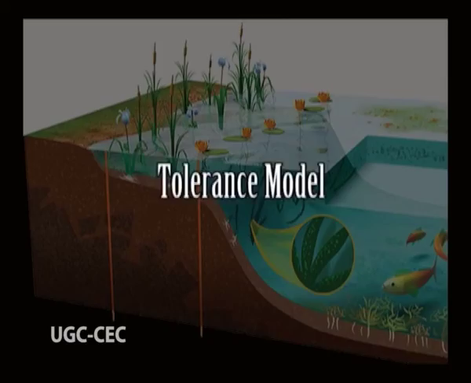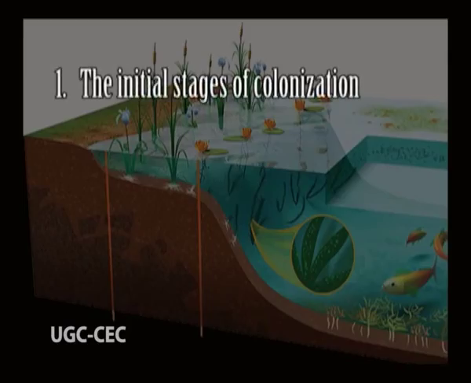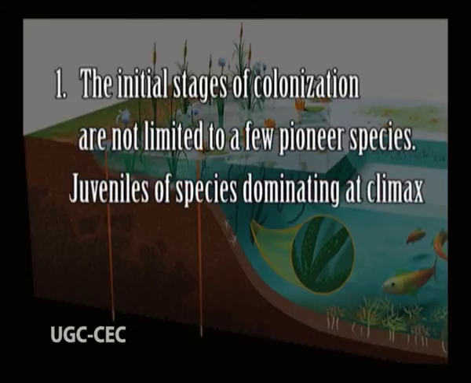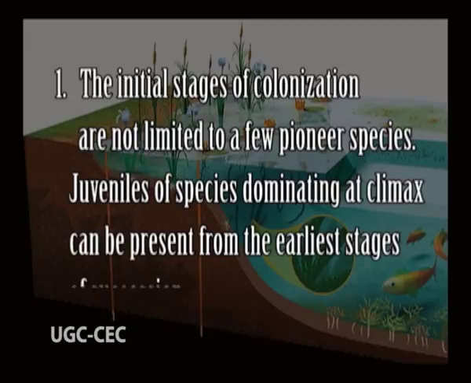The second model of Connell and Slatyer's is that of the tolerance model. The tolerance model differs from the facilitation model in the following ways. First, the initial stages of colonization are not limited to a few pioneer species. Juveniles of species dominating at climax can be present from the earliest stages of succession.